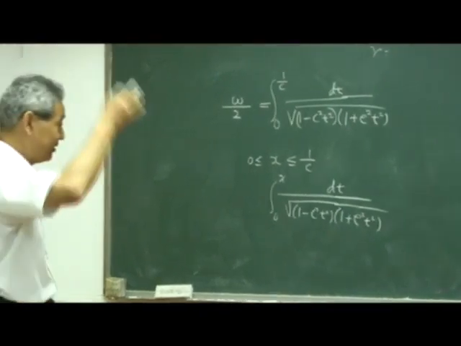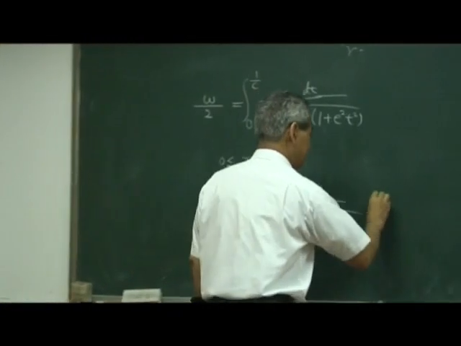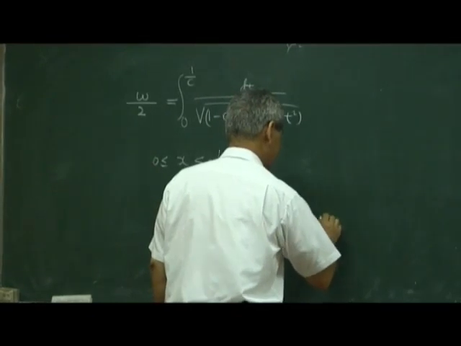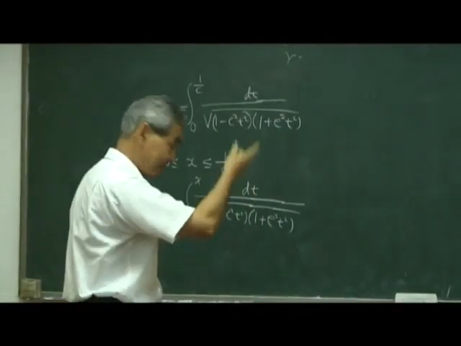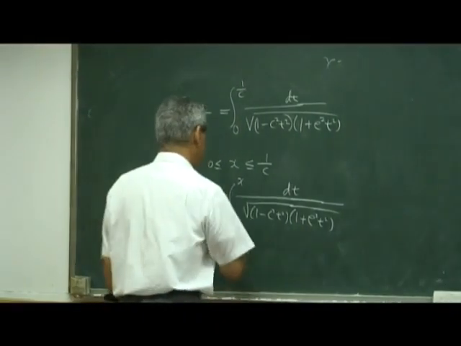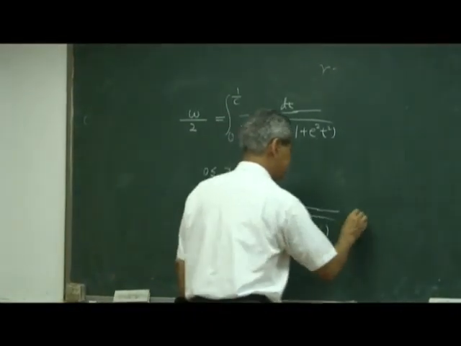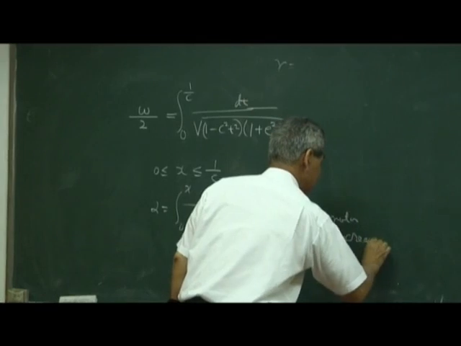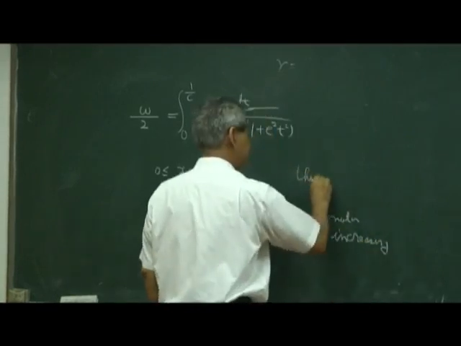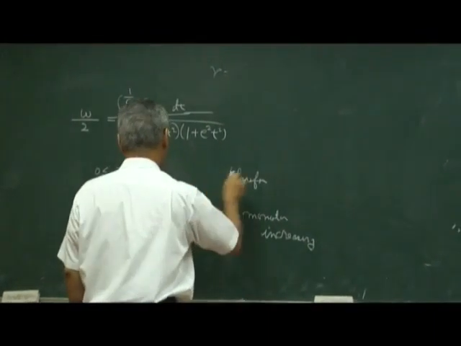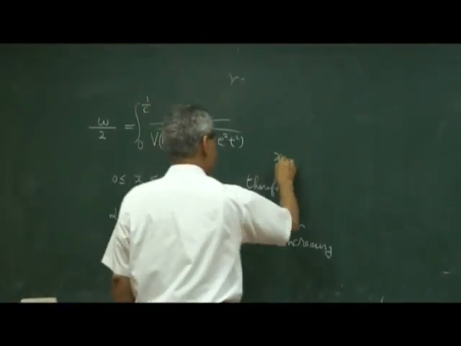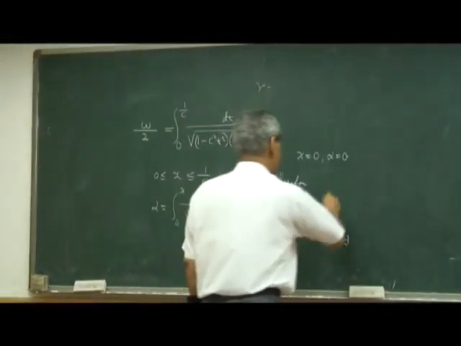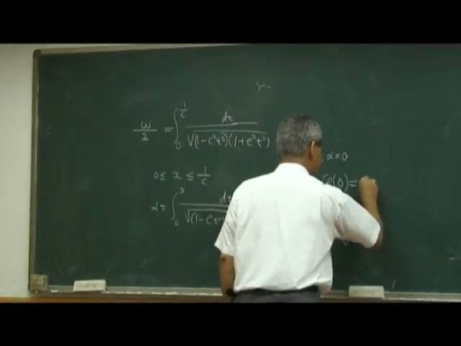If you take the derivative, it's positive, so this is a monotone increasing function. At x equals 0, alpha equals 0. So we just define that f(0) is 0.